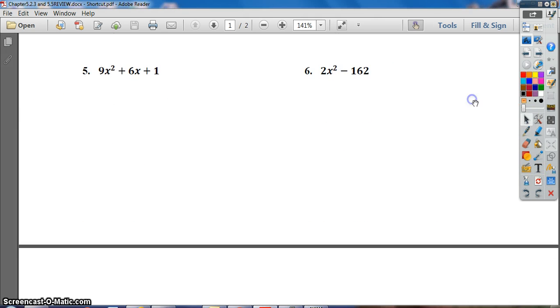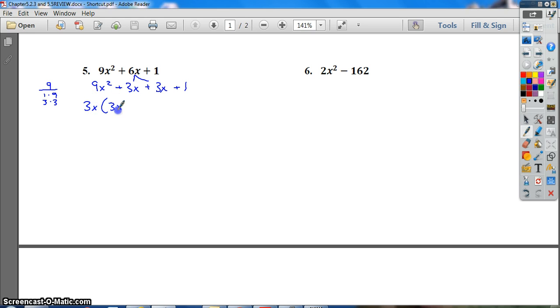Nice, smooth, going down through here. There is no GCF here. If you want to do 9 times 1, you get 9. You can see how to factor this is a perfect square, but if you do it the slow method, this is what you would end up with. 3x and 3x make your 6x.